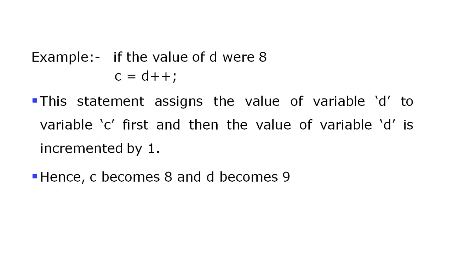The c becomes 8 and the d becomes 9. So this is called post-increment. First it evaluates the expression, it assigns the value of d to c, and after that the value is incremented by 1.